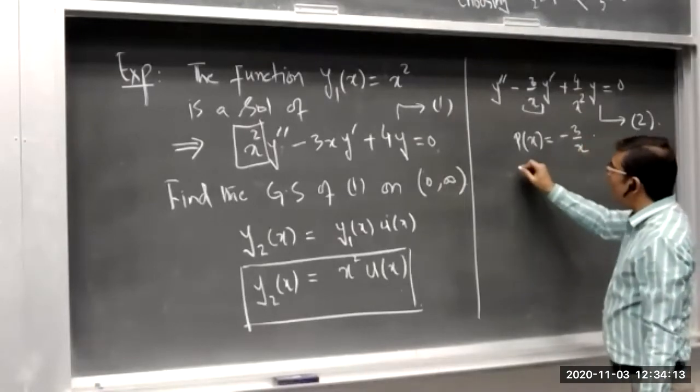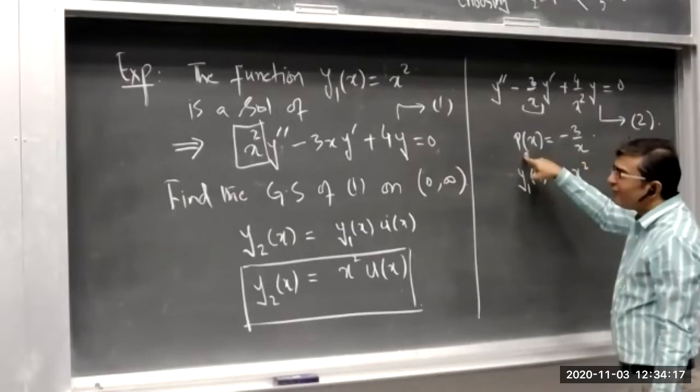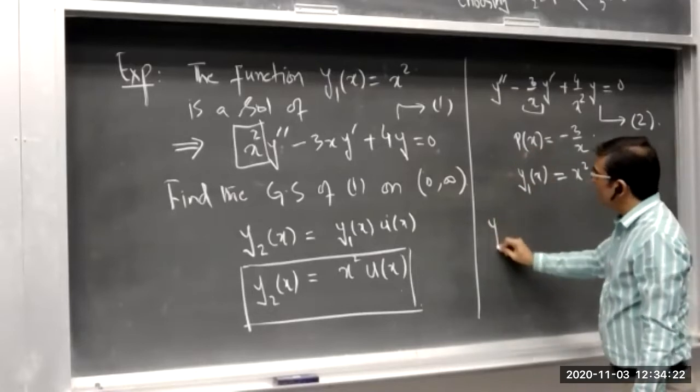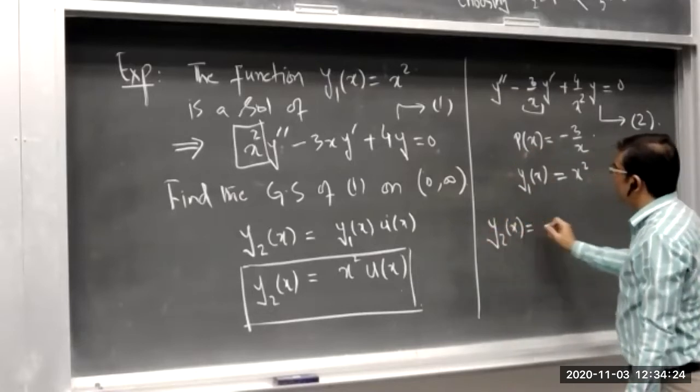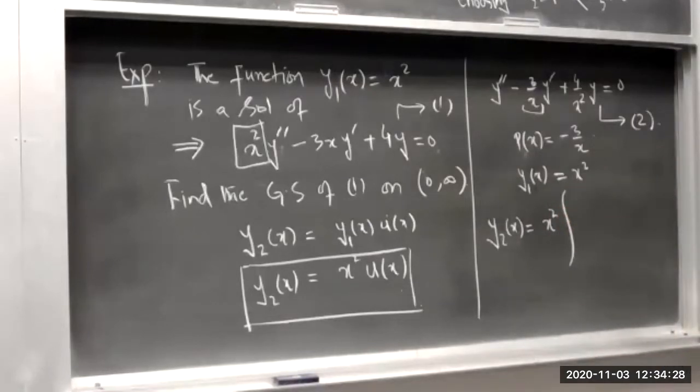Now, we have the value of y1 of x is x squared. We have the value of p of x. By inserting these values in that formula, y2 of x is equal to y1, which is x squared, times the integral of e raised to the power negative integral p of x.